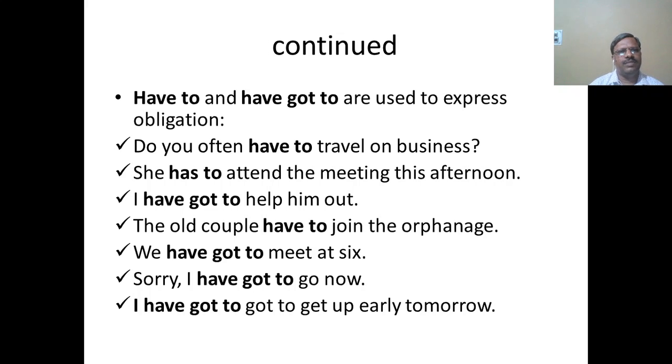Next, the verbs like have to and have got to are used to express obligation. They are almost similar to the modal auxiliary must.